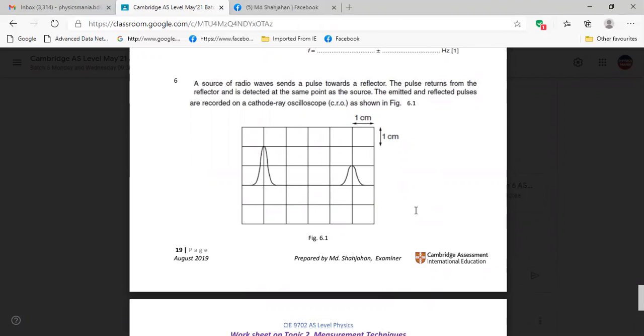A source of radio wave sends a pulse towards a reflector. The pulse returns from the reflector and is detected at the same point as the source. The emitted and reflected pulses are recorded on a cathode ray oscilloscope as shown in figure 6.1.